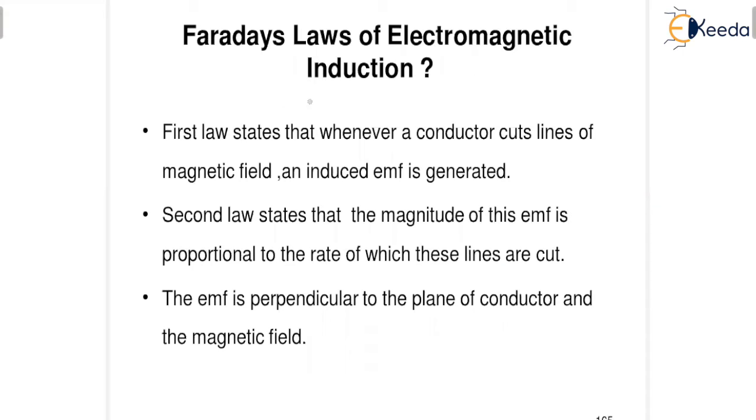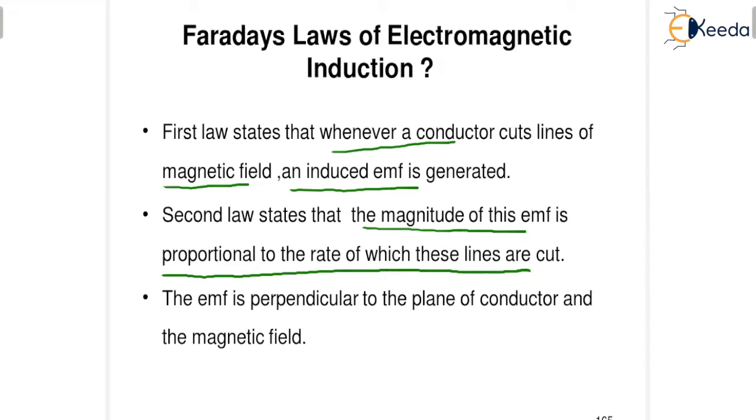Whenever a conductor cuts the lines of magnetic field, an EMF is induced or generated. And the second law says that the magnitude of that EMF is proportional to the rate at which the lines are cut.